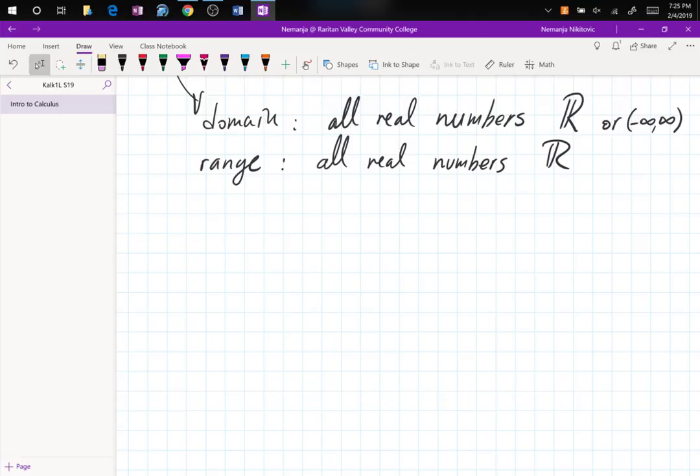What types of functions are you expected to know walking into a calculus course? What types of functions are you supposed to be able to work with out of the box, let's say. So, number one, polynomials.